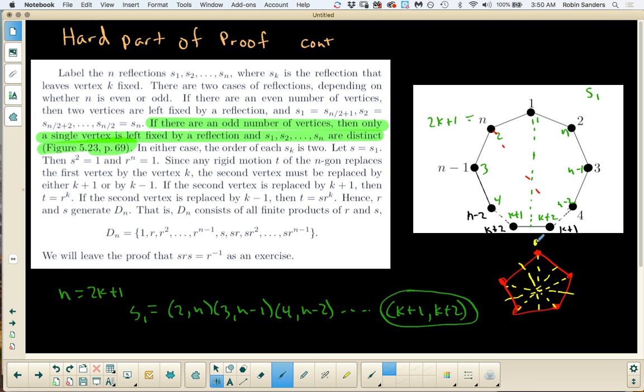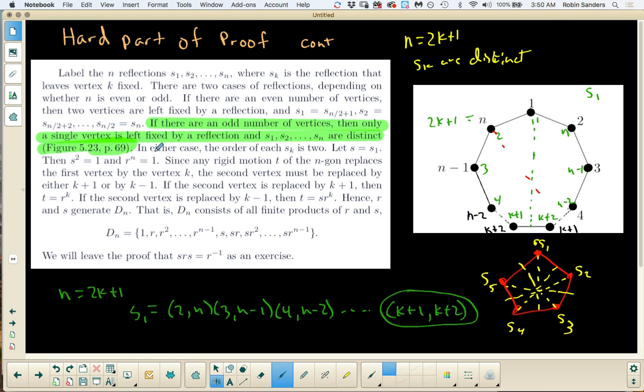And that would be the flip line for S1. This would be the flip line for S2. This would be the flip line for S3. This is the flip line for S4, and this is the flip line for S5. So when it is odd, it turns out that the SKs are all distinct. And so we pick up all the flips by just looking at the SKs.